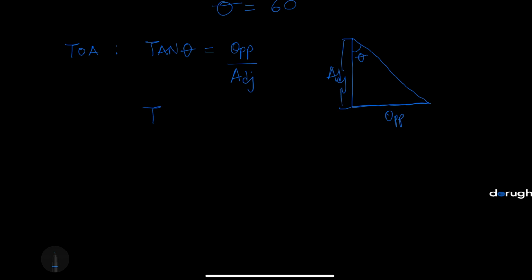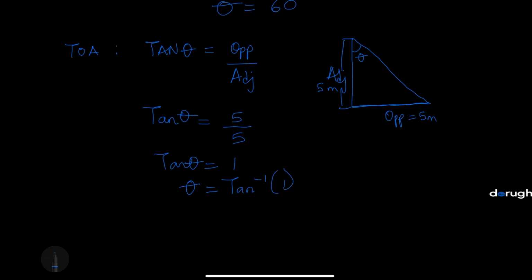So our tan theta equals, let's say this is 5 meters and this is also 5 meters. That will be 5 divided by 5. So tan theta would be equal to 1. And then theta would be the tan inverse of 1.